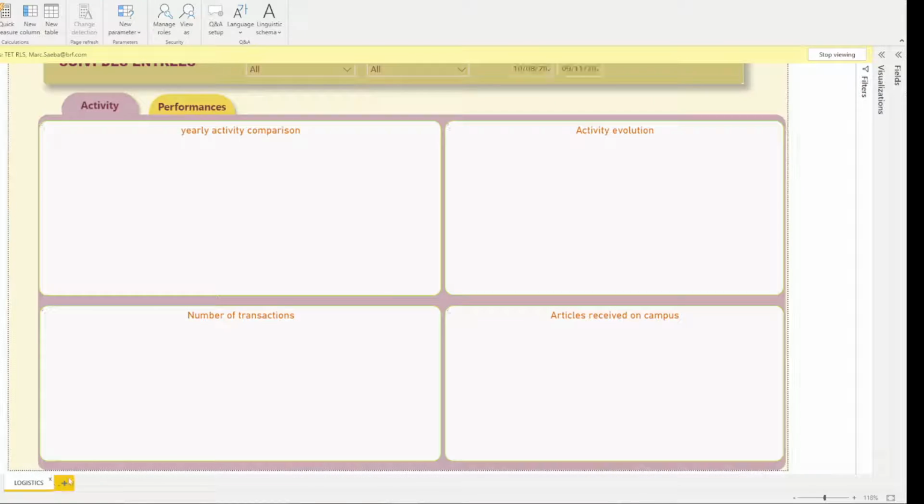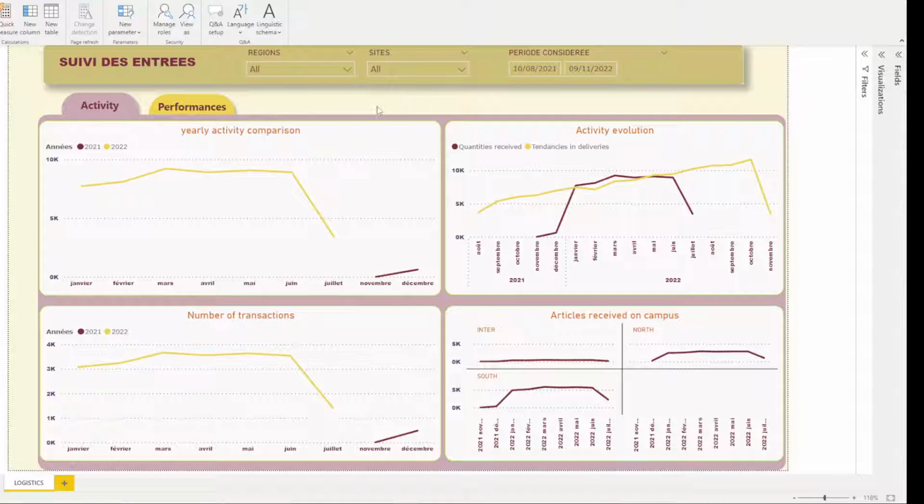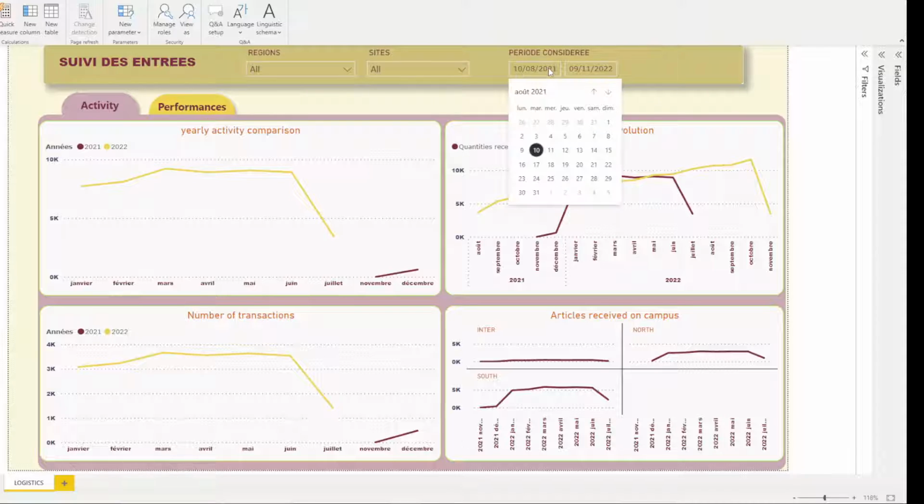Then on the second page for our logistics, and let's stop viewing things as Mark, you have your 4 cards, mainly that were discussed by different people in the way and what they needed.